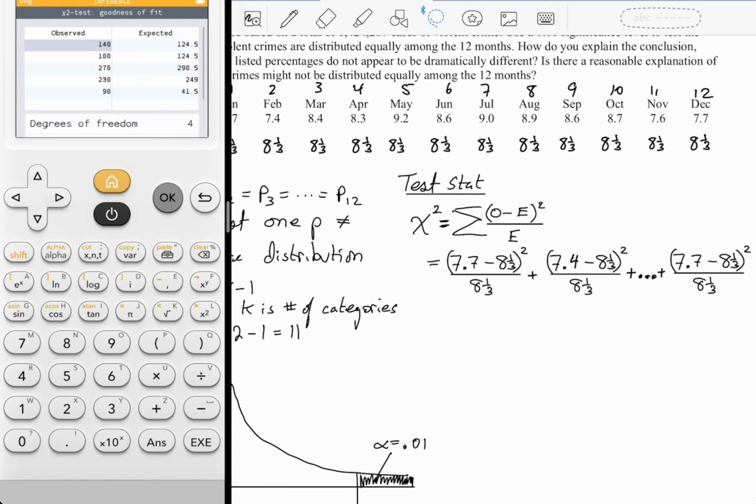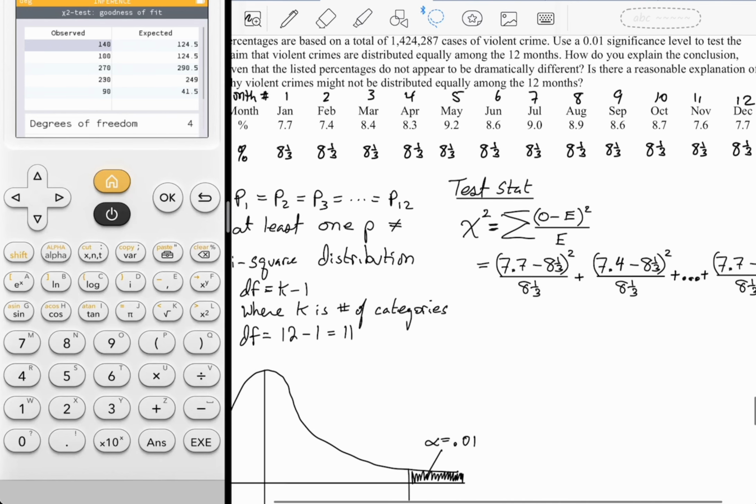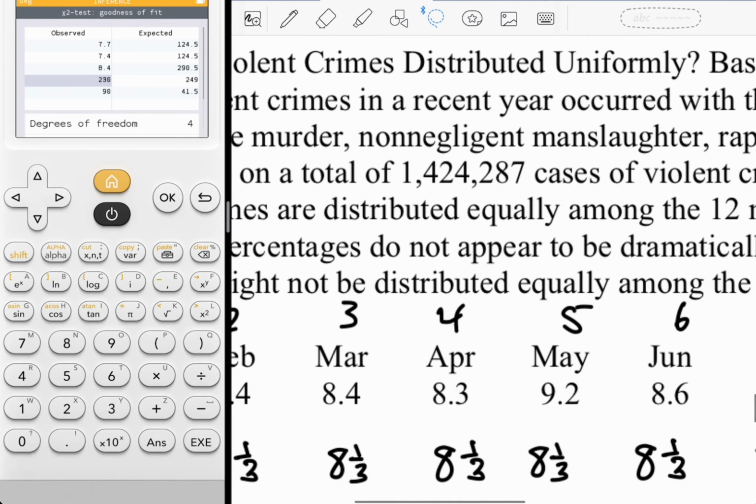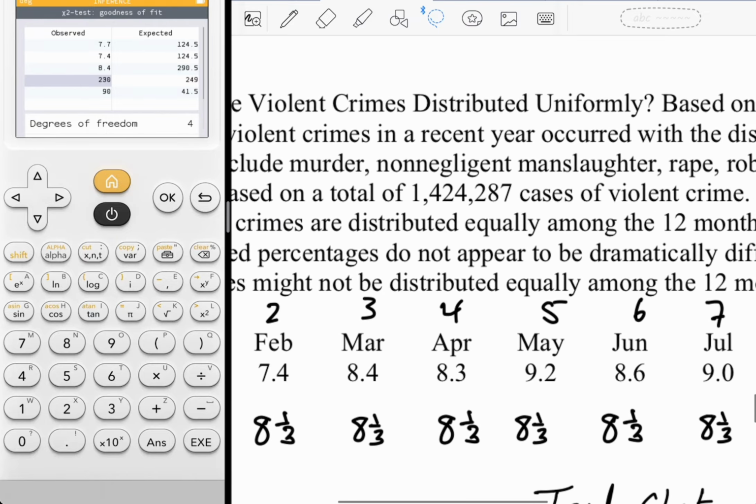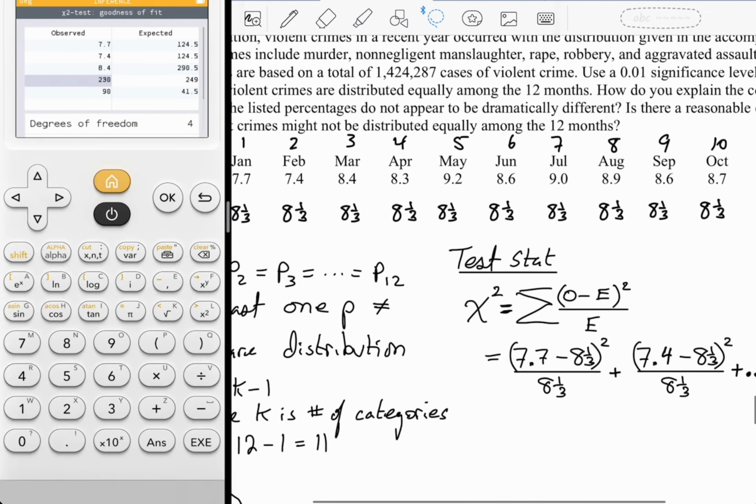All right. So I hit OK, I type in the numbers. This is from a different problem, so I gotta overwrite it. Bless you, bless you. So 7.7, 7.4. Now technically these are supposed to be counts. And when you talk about counts, it should be whole number values. But the number of cases, 1.4 million or so. I'll just give you the short version of it.